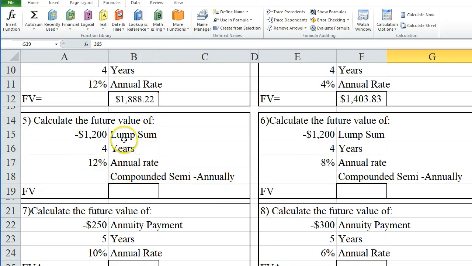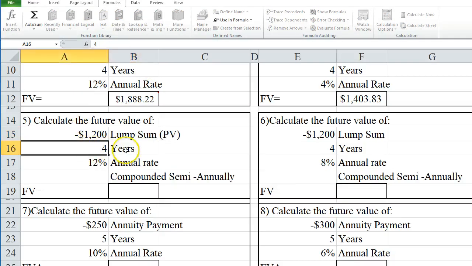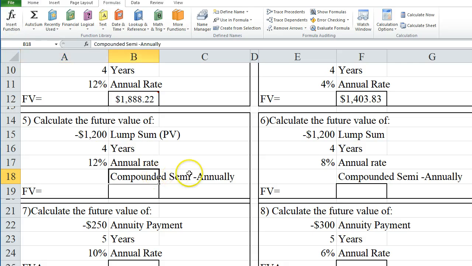Again, the lump sum is our present value. The 4 years is not our N per, this is just our years. To calculate the compounded frequency, compounded semi-annually is really our frequency, or M denotation.